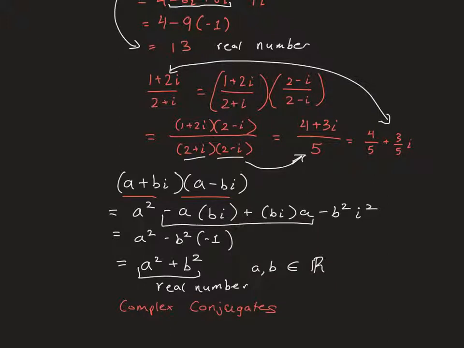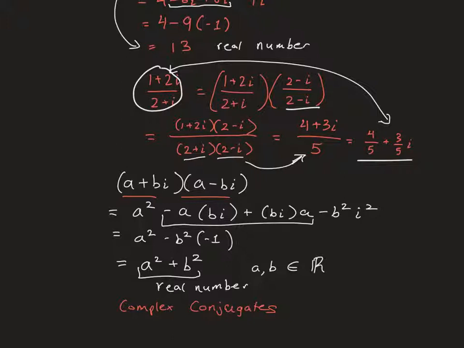If you multiply both the numerator and the denominator by the same thing here, because 2 minus i over 2 minus i is just the same thing as 1, so you're just multiplying by 1. And then you get a denominator that's just a real number, so that you can write it as a plus bi again, instead of a plus bi over a different complex number.